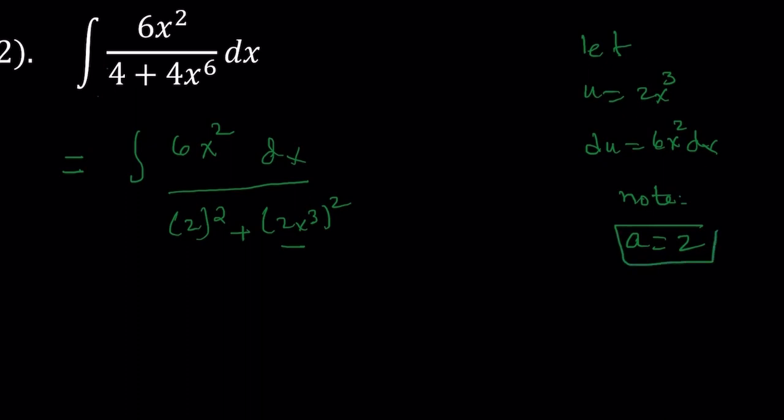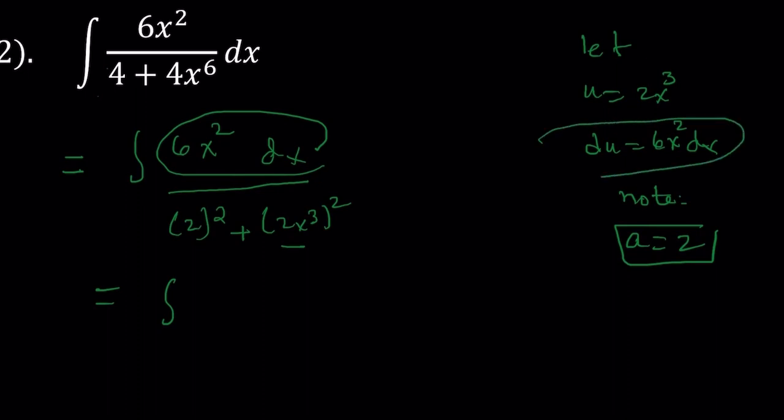And then I'm done. Okay, I'm writing my integral one more time, but this time I'm substituting. I'm saying, 6x squared dx, what are you? It says I'm simply du. So I said fine, I'm happy with that.